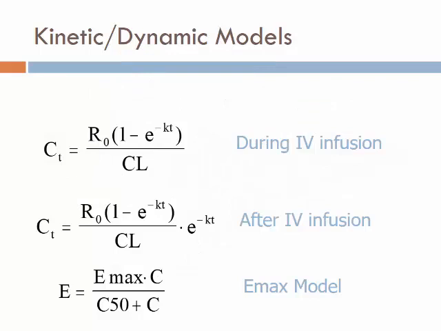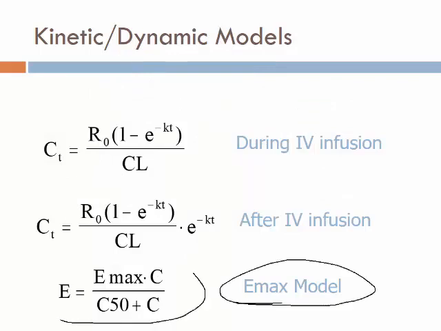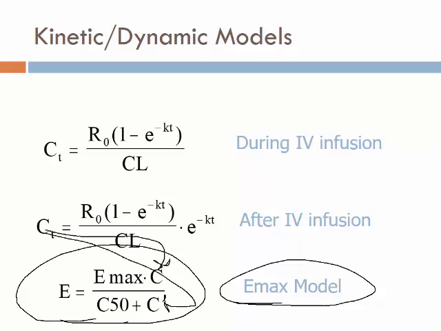If you use that and you use your Emax model, so let's say the dynamics follow the Emax model, then we can just put this concentration in here if we know the C50 and the Emax. That's what this next page is going to show us.